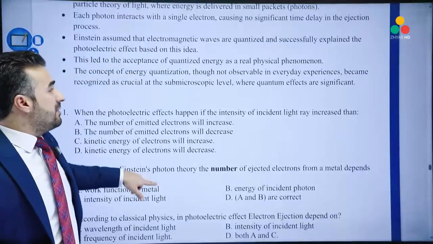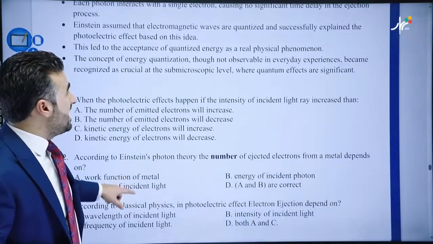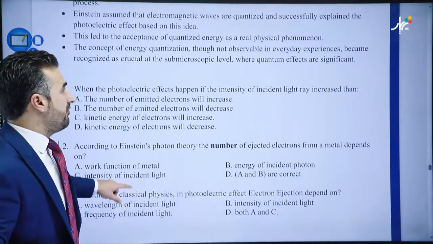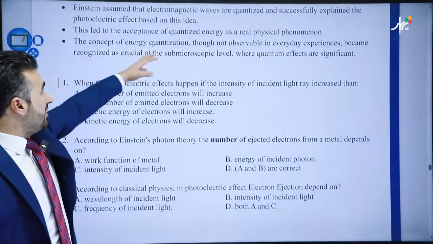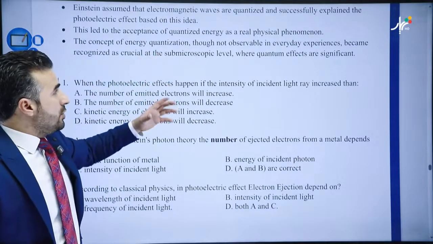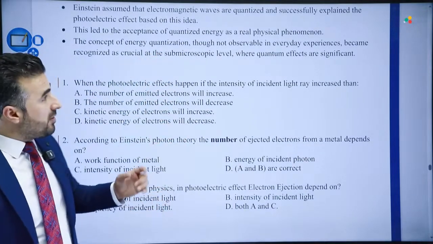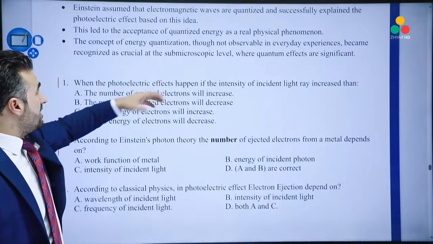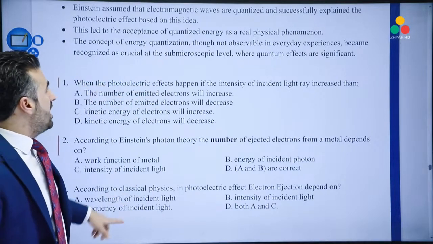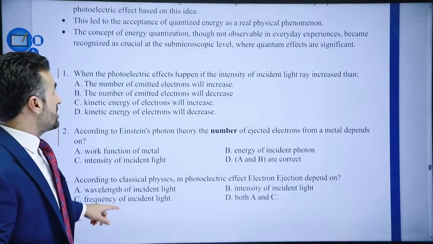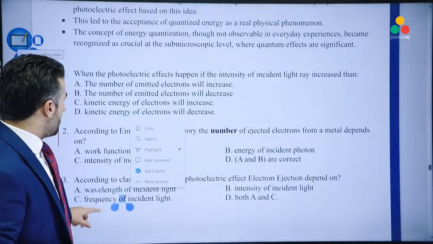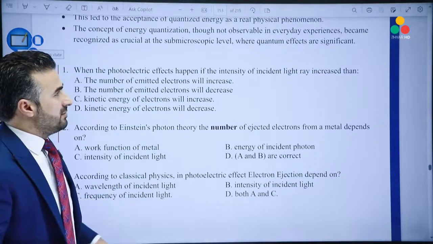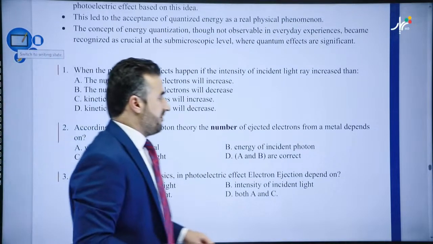This led to the acceptance of quantized energy as a real physical phenomenon. The concept of energy quantization, though not observable in everyday experience, became recognized as crucial at the sub-microscopic level, where quantum effects are significant.